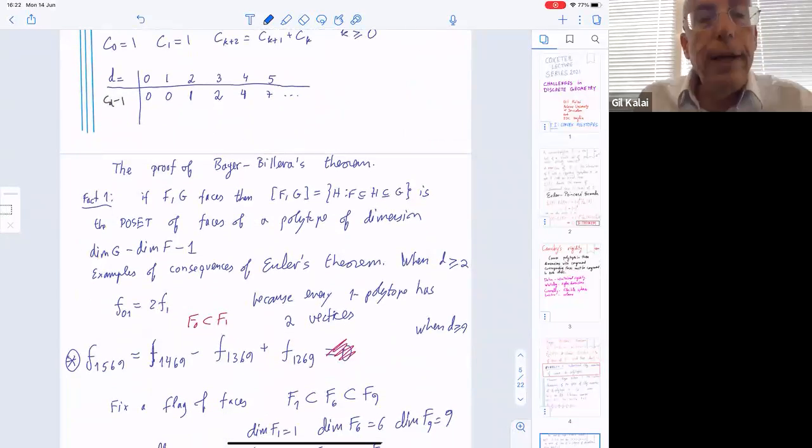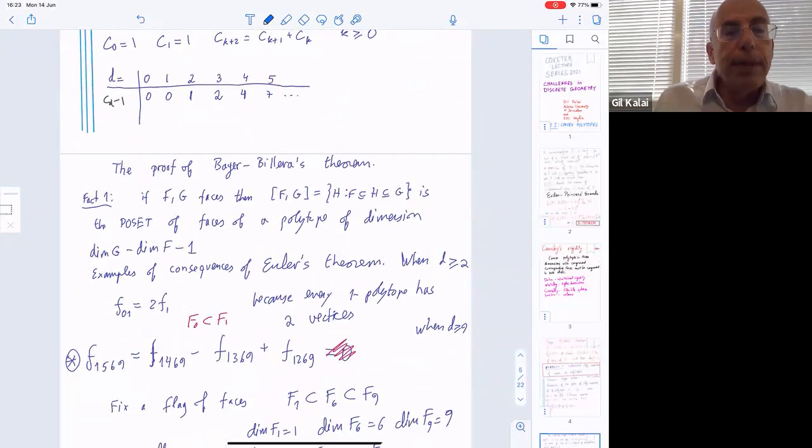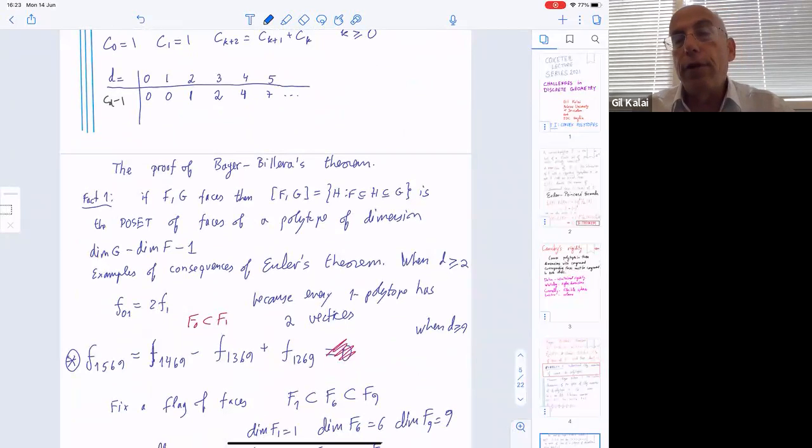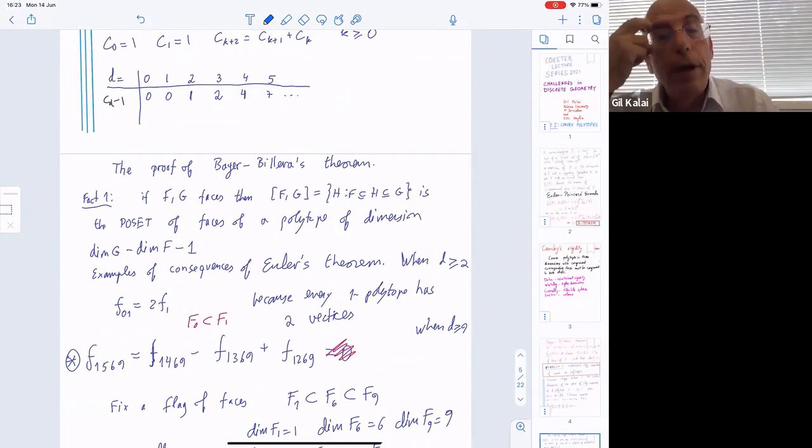To prove the Bayer-Billera theorem, perhaps let me start with the fact, which is of course important in its own right, that if we have two faces of a polytope, F and G, where F is a face of G, when it comes to polytopes, the face of a face is always a face of the polytope.